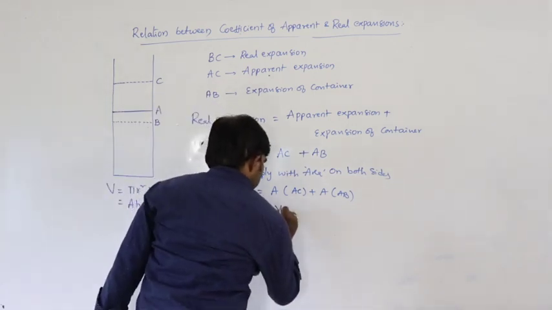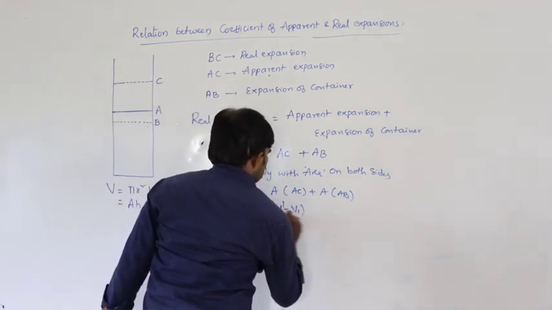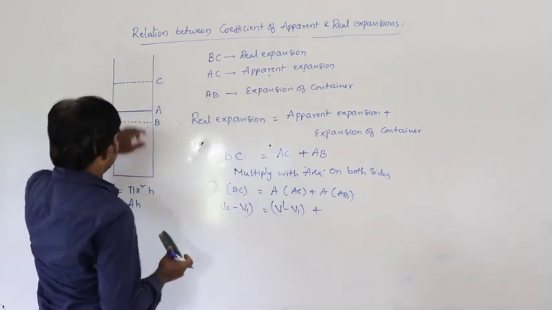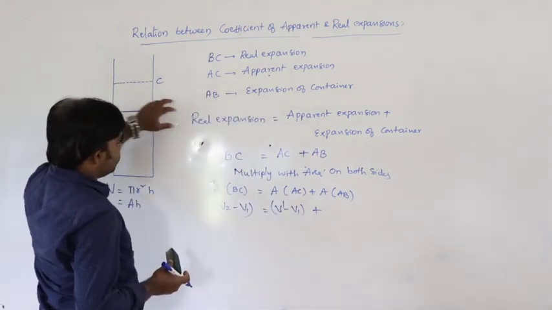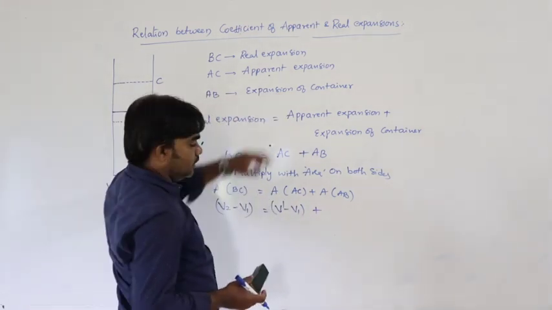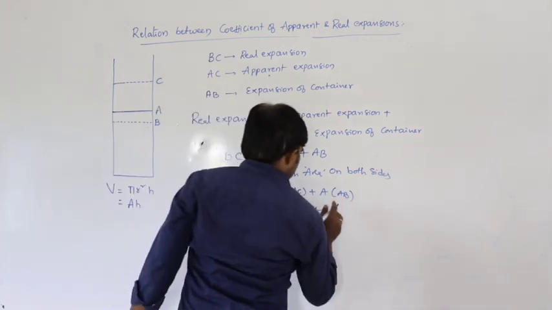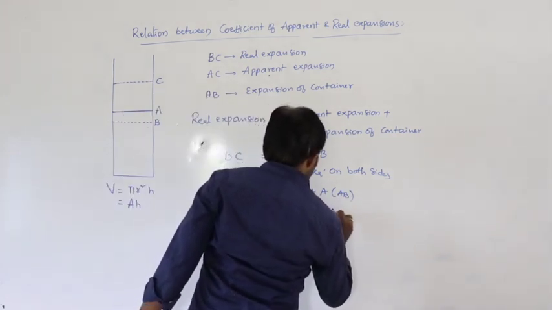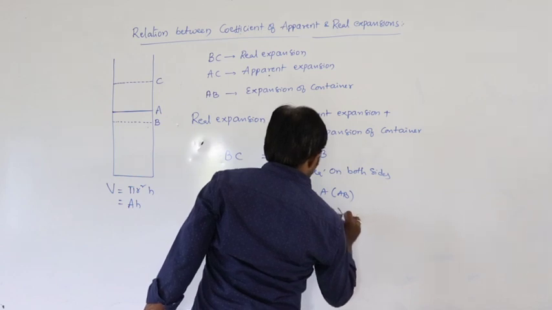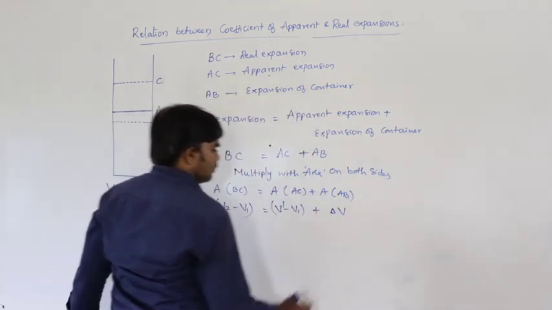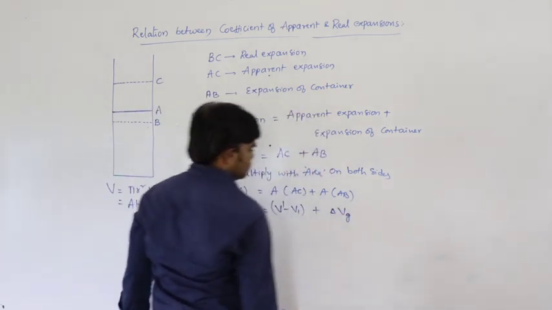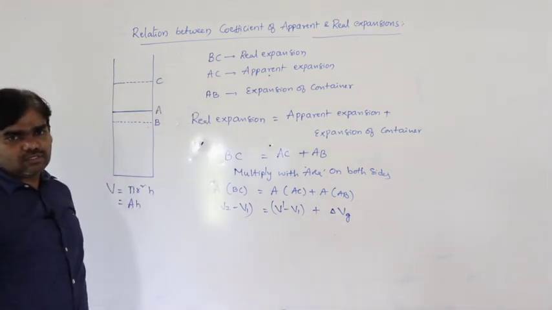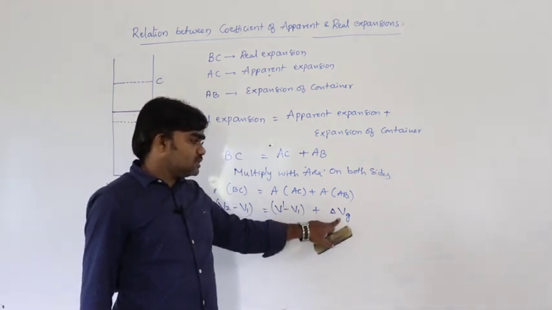So let us say that is V dash minus V1, plus A into AB. What is AB? Expansion of the container. Area into length is nothing but change in volume. Let us say it is change in volume, delta V, of the glass or container.